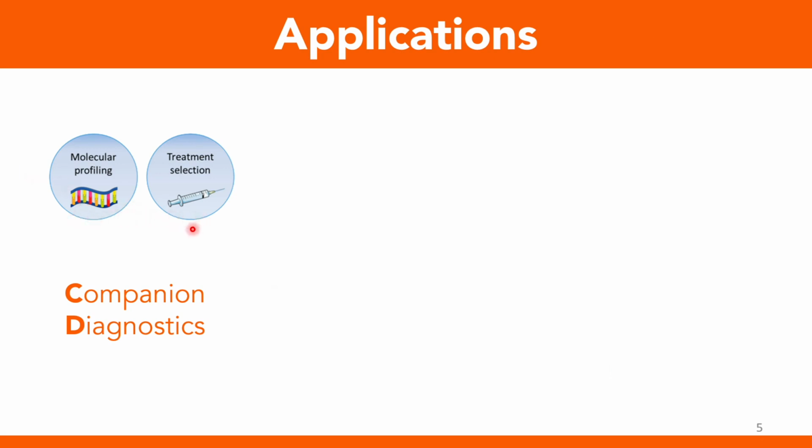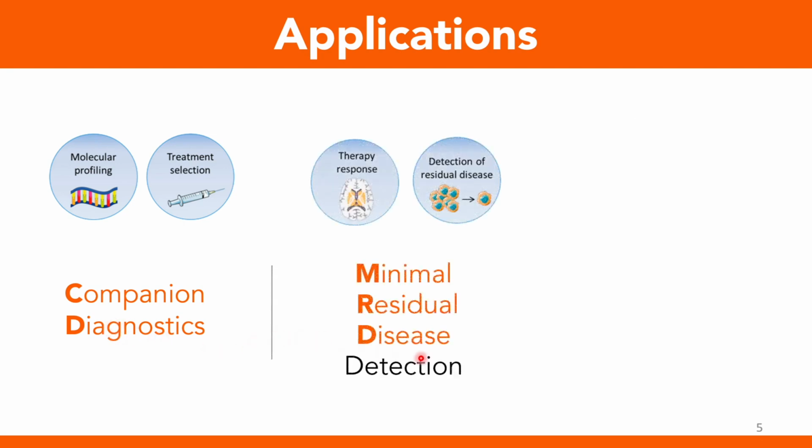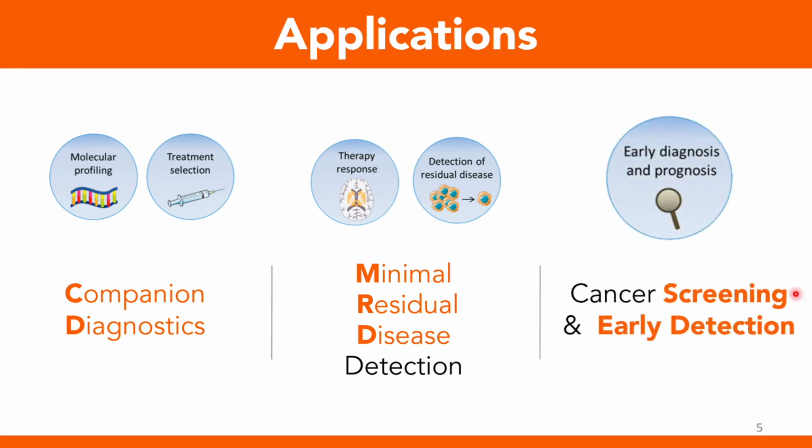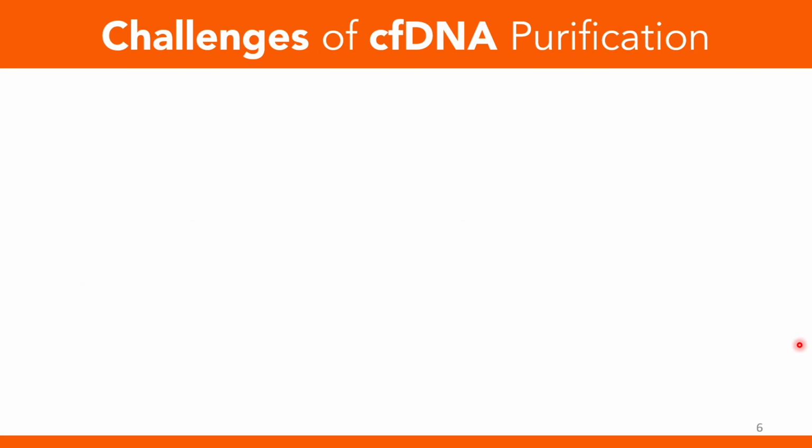First, we can use it to do molecular profiling to select treatment. We call it companion diagnosis. Also, we can use liquid biopsy, use ctDNA, to do minimal residual disease detection. And also we can use it for cancer screening and cancer early detection.